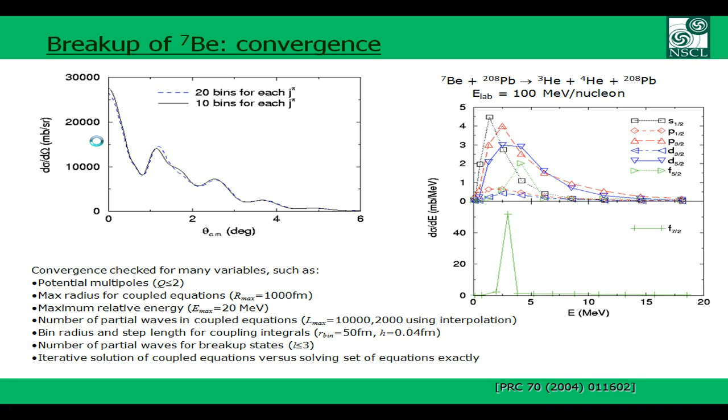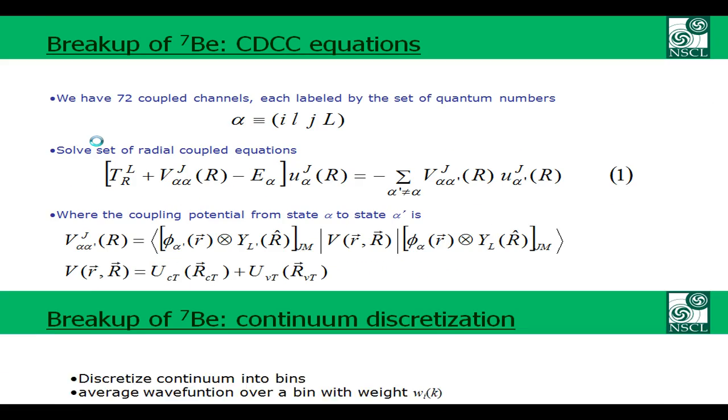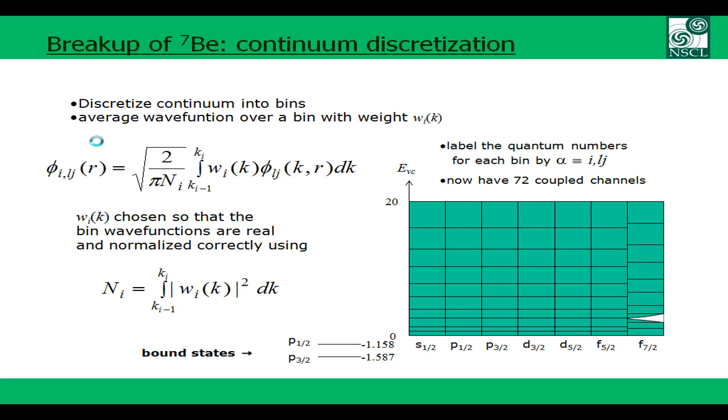So I've gone through this list. I've talked about partial waves. Of course, it does depend on the number of partial waves, and you know that, so nothing is new there. It does depend on a step and a maximum radius. And then it depends on the number of partial waves for the breakup states. So you are expanding in the eigenstates of a Hamiltonian, and there are eigenstates for all l. So the little l is also now an expansion coefficient in a way.